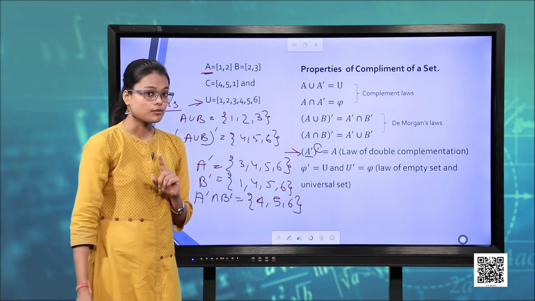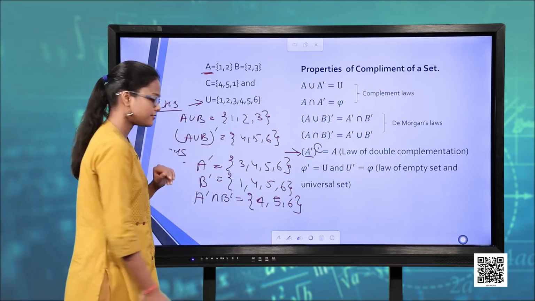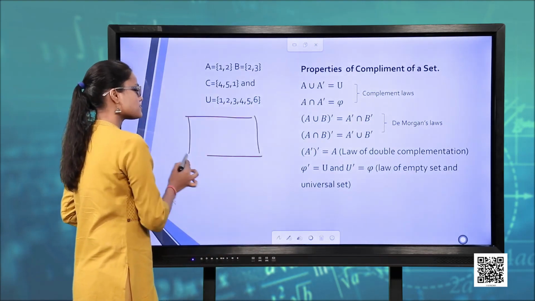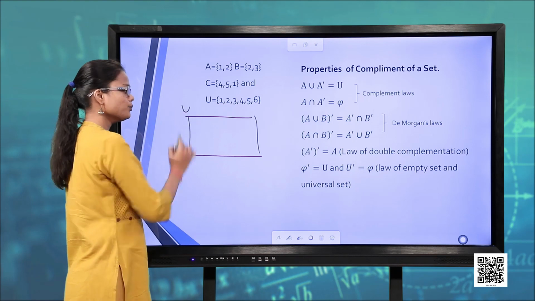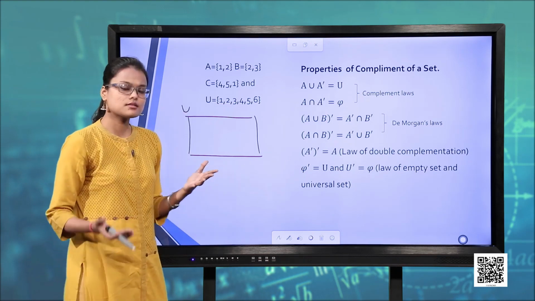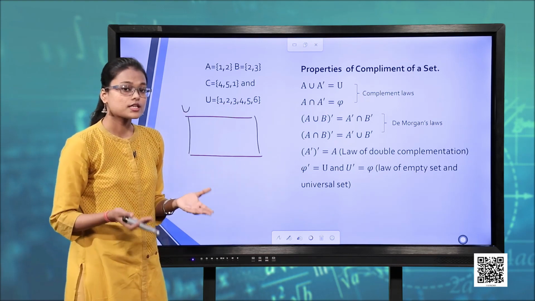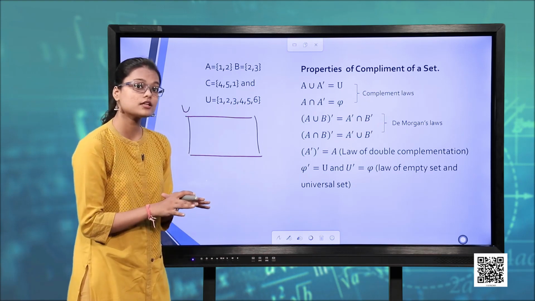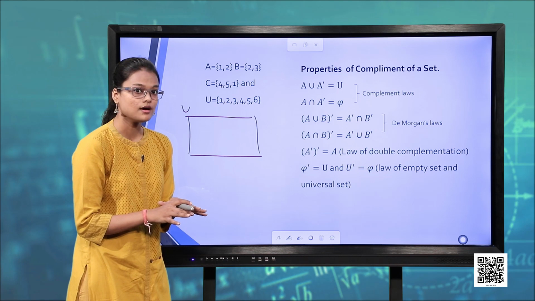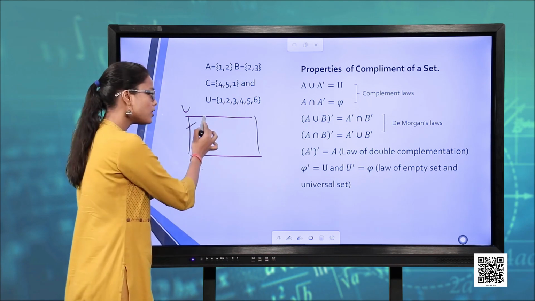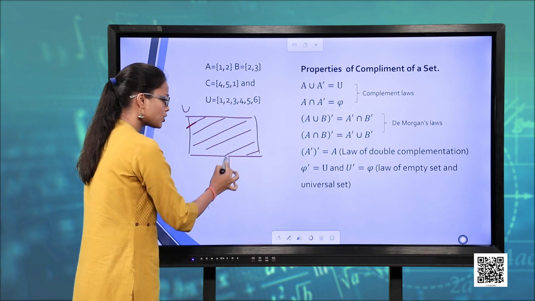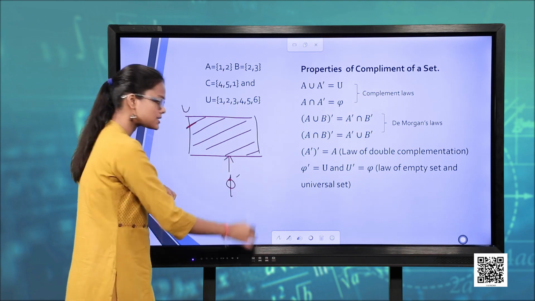Let us see with the help of Venn diagram here itself. This is representing U, empty set, that means nothing is there. If I take the complement of it, that means every element which we have taken in the universal set will be the answer. So, the full universal set is the complement of an empty set.